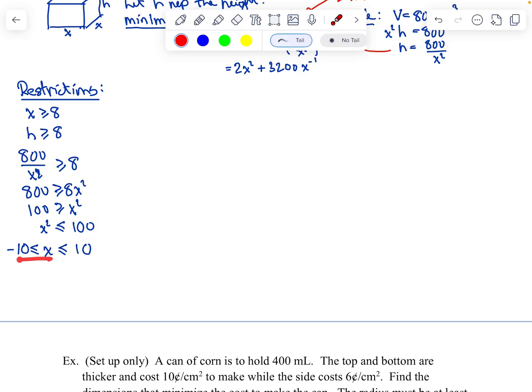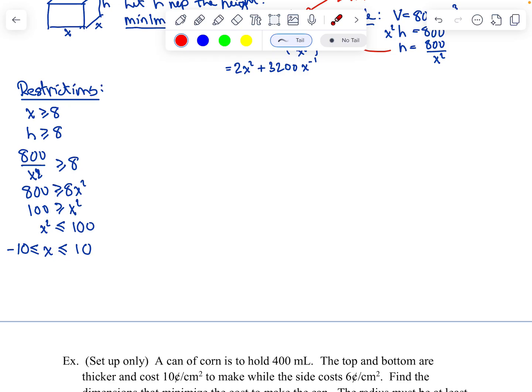In other words, on this side here, I could be at, say, negative 1 or negative 2 or negative 3, and when I square those numbers, they would still stay less than 100. But I cannot go beyond negative 10. If I do, say something like negative 11 or negative 12, if I square those numbers, they will no longer be smaller than 100.